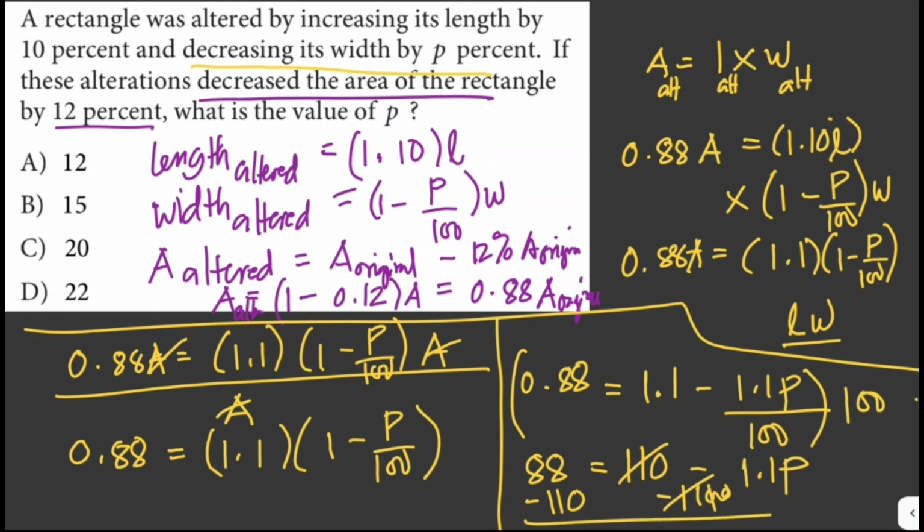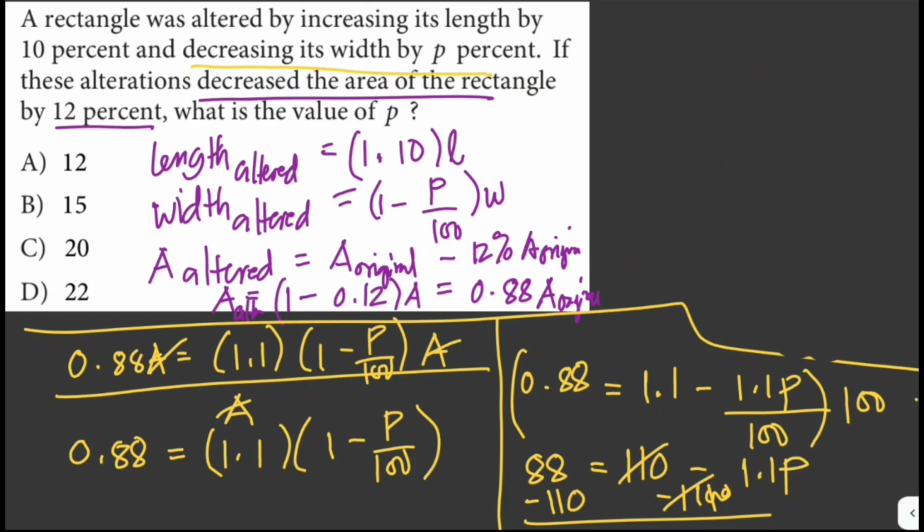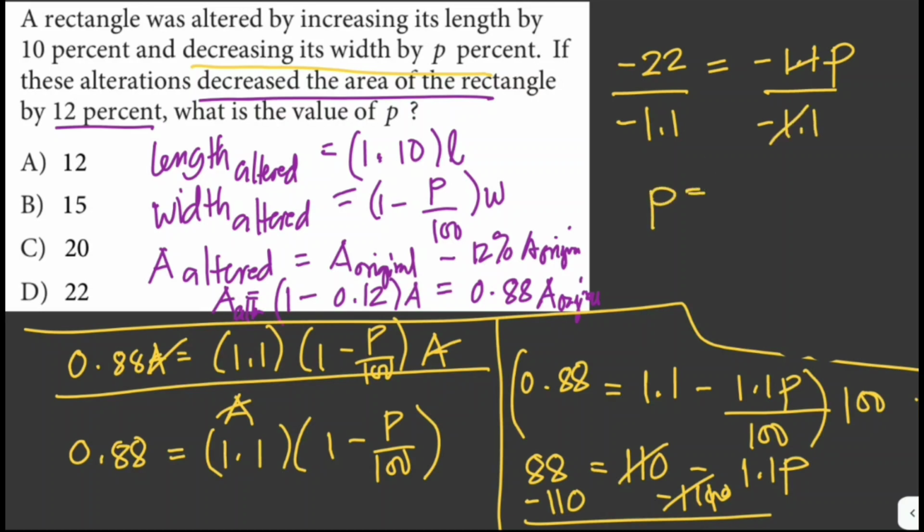This cancels out, so we are left with 88 minus 110 is just equal to negative 22 equals negative 1.1 p. We divide both sides by negative 1.1. This cancels out, so p is just equal to negative 22 divided by negative 1.1. So p is just equal to 20. So the answer here is letter C.